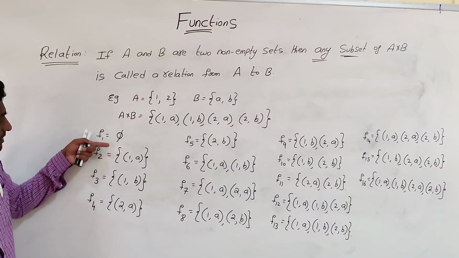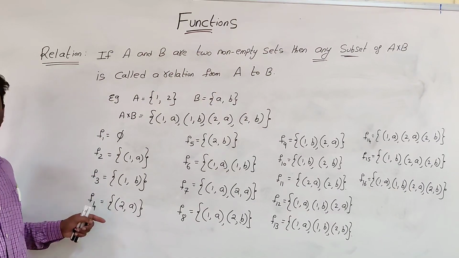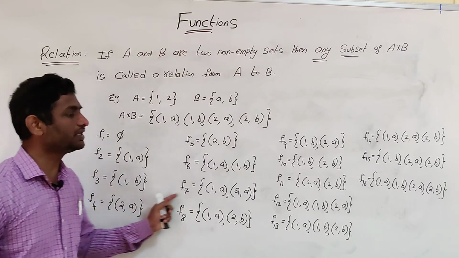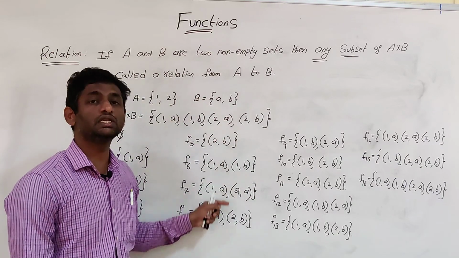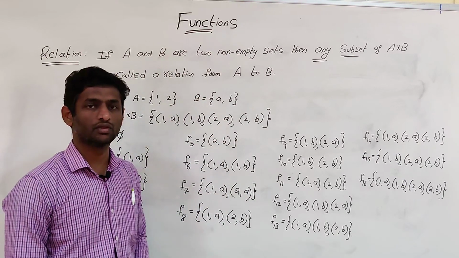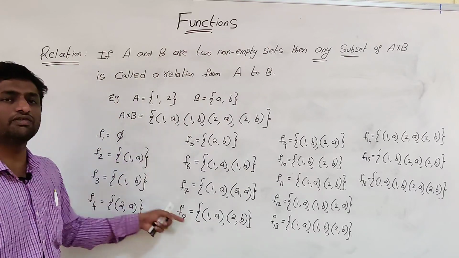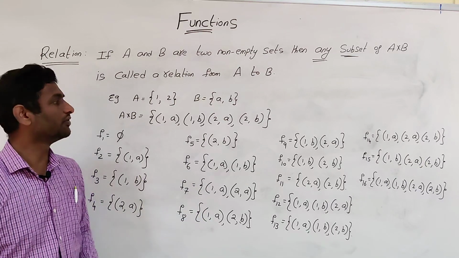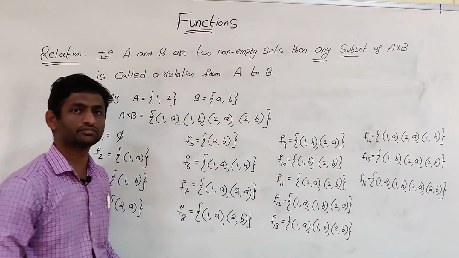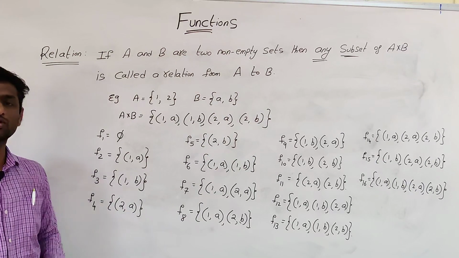Means each subset is called a relation. So how many relations can we have from A to B? 16 relations. If you choose any one of the subsets, that is a relation from A to B. I hope that is clear.